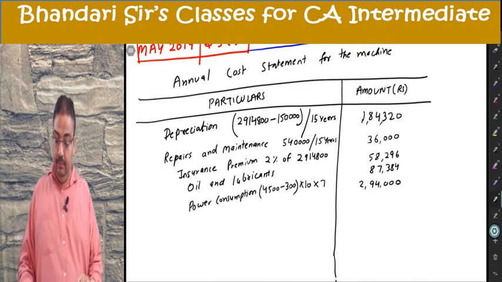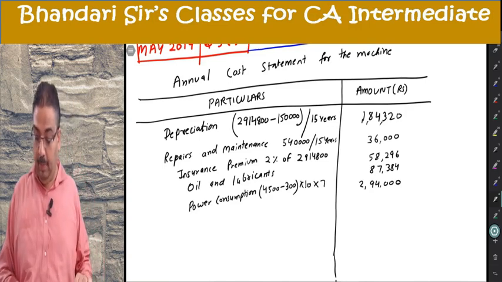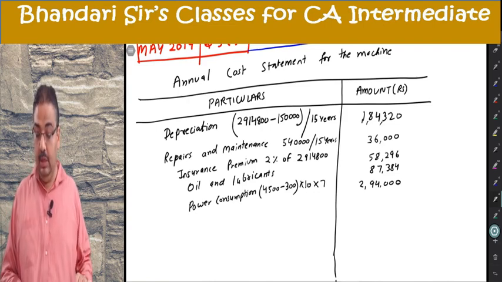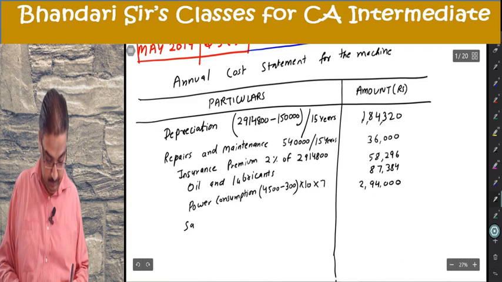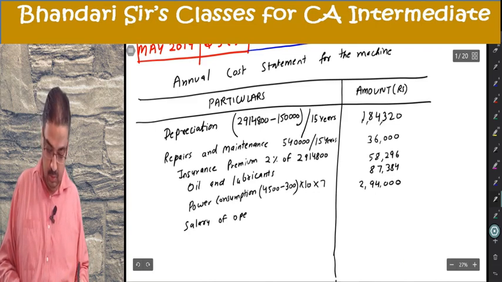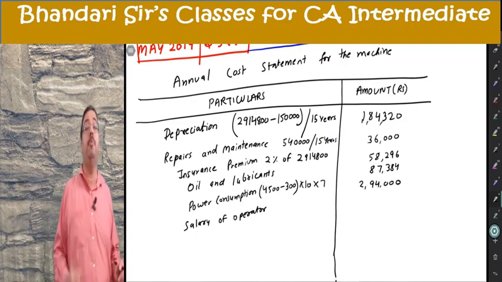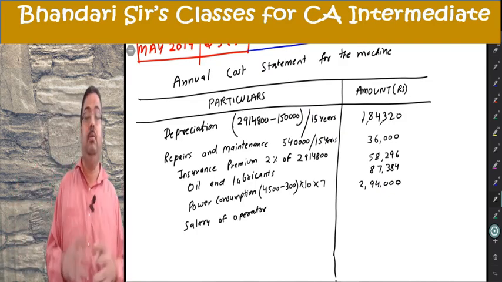Fifth point there, salary to operator per month is 24,000. He devotes 1/3 of his time to the machine. Salary of operator. Now remember, the question is wanting you to compute a comprehensive machine hour rate.